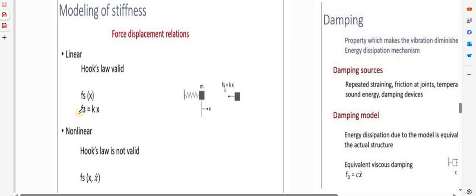According to Hooke's law, if F is the force and x is the displacement, then F is equal to K into x, where K is the stiffness coefficient. So the stiffness is modeled like this. The force due to stiffness is K into x.